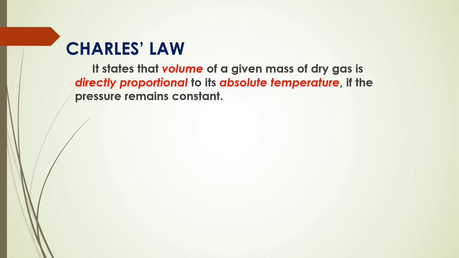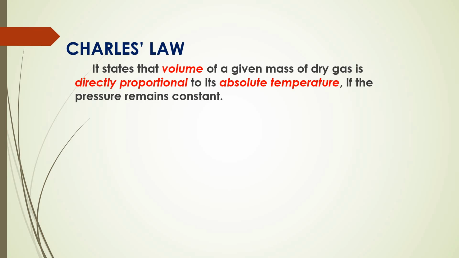Now, if the temperature is decreased, the kinetic energy of the particles also decreases, due to which their motion gets restricted. Hence, the volume also decreases. So this is the direct relation explained by Charles' law. Here, the relation of volume with absolute temperature is explained when the pressure remains constant.